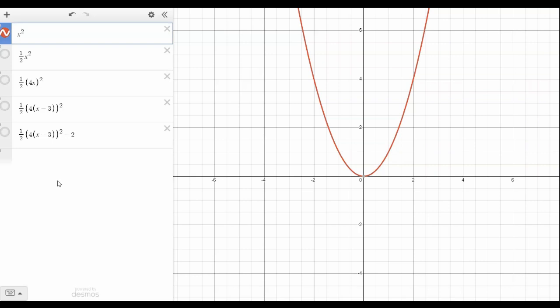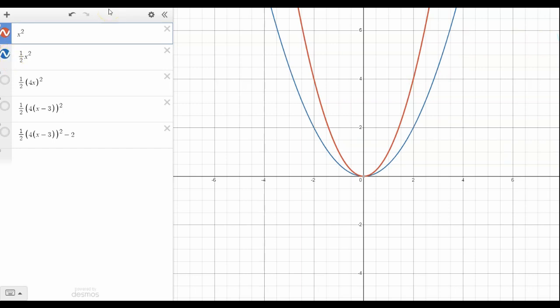So here all I've done is graph the parent function x squared. But what we are going to do is follow a specific point. Let's follow this point here, which has the coordinates (2, 4). Now, when I apply my first transformation, this is a vertical compression.